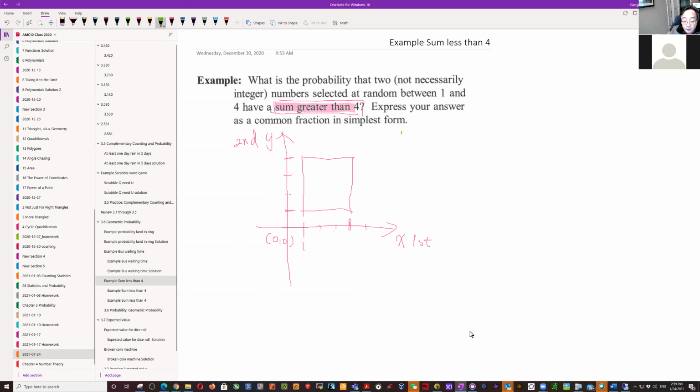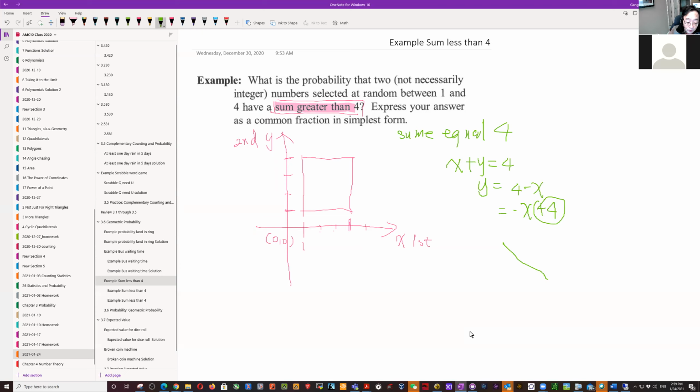Sum equal 4 is x plus y equal to 4, so y is equal to 4 minus x, which is minus x plus 4. So it's going to be a line going down this way with y-intercept 4.